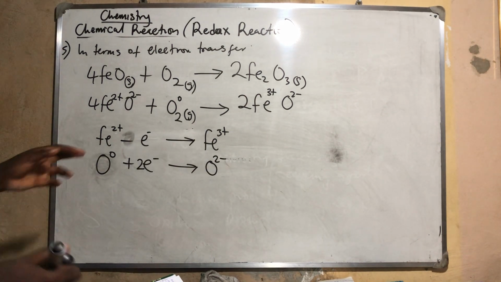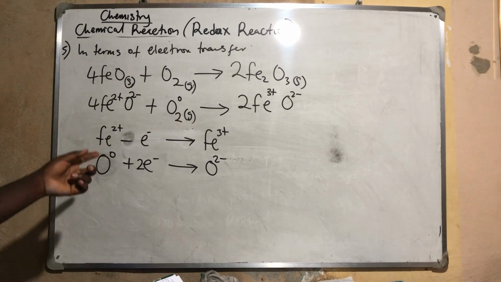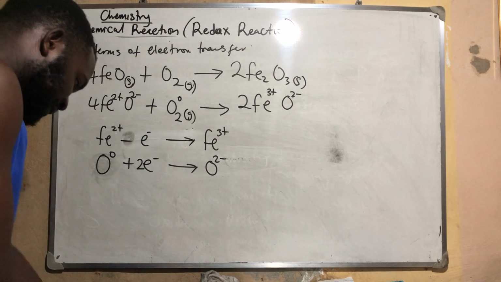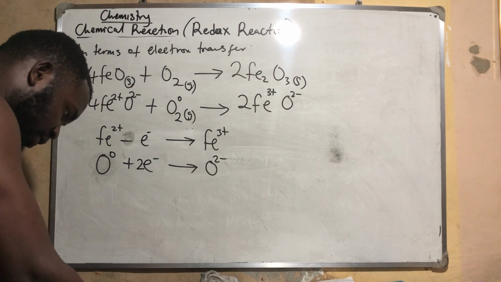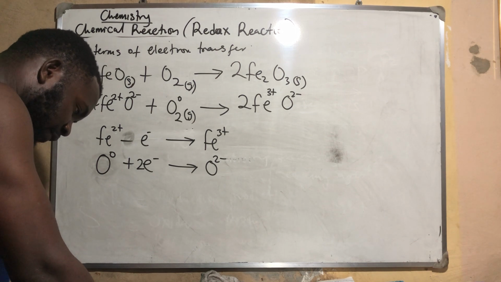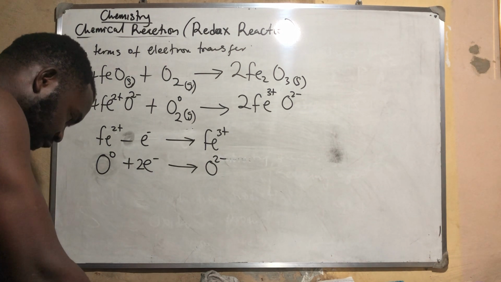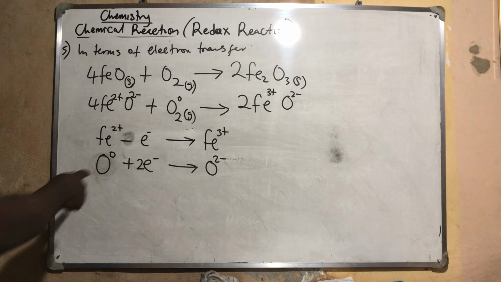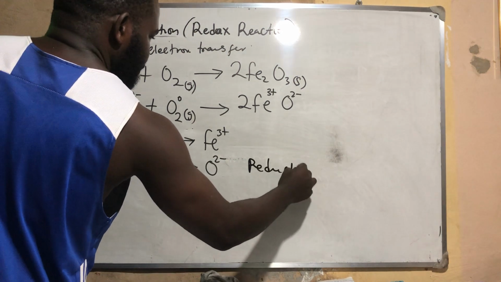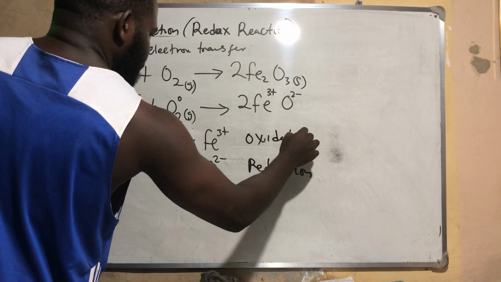So what happened? This one gave out. So giving out electrons is called oxidation, while receiving electrons is reduction. So observe that oxygen oxidizes 2Fe2 plus to 2Fe3 plus. Therefore, oxygen is an oxidizing agent as well as reduced species. Like I told you, what happened here is reduction, but what happened here is oxidation.